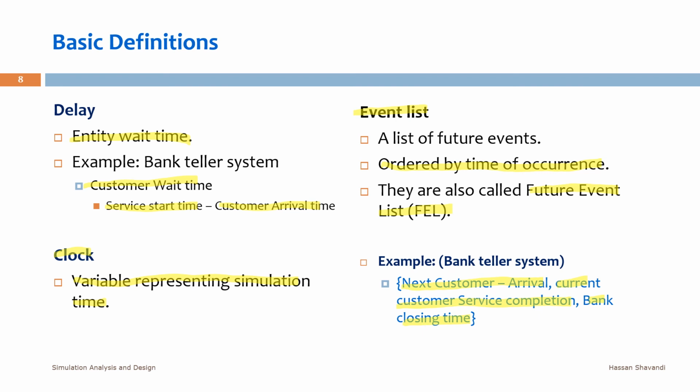Or if one of the current customers is going to depart before a new customer arrives, then the first event in the FEL would be a departure. Or maybe we're going to close the bank before either of these two events, right? So we have these three types of events, and based on their time of occurrence, we order them in the FEL as the future events.